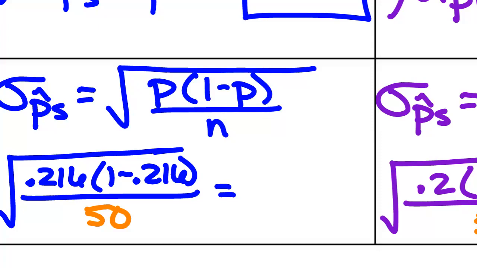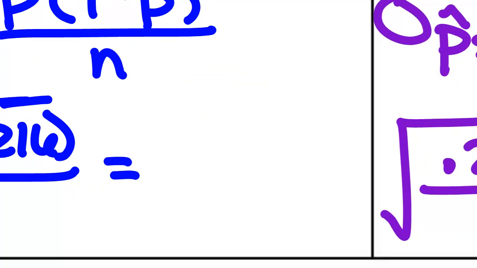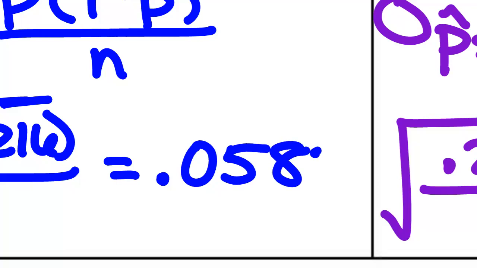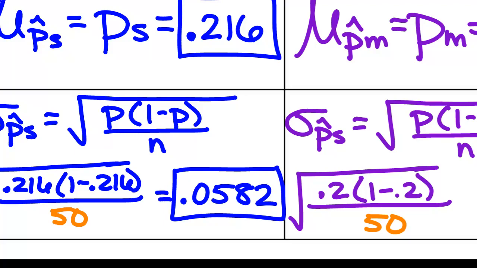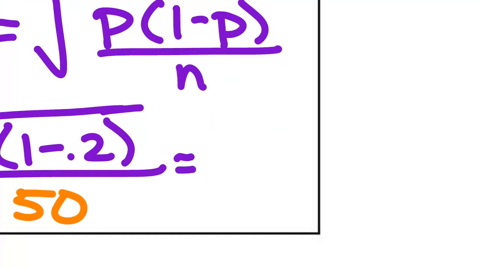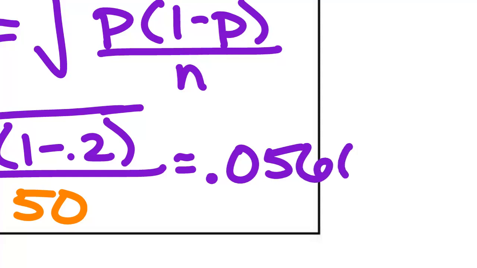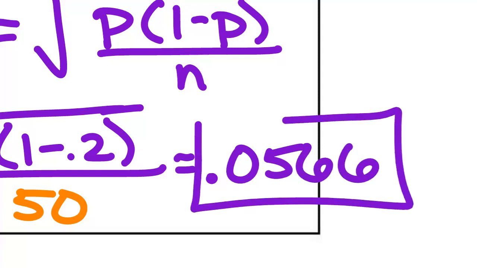What is our standard deviation for Skittles? 0.0582. And for M&Ms? 0.0566.